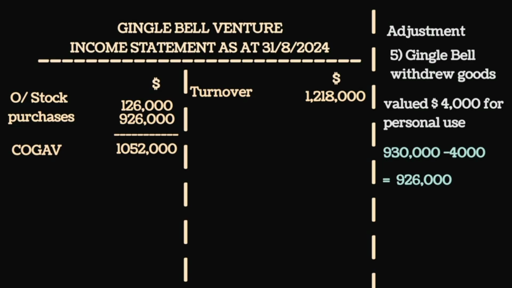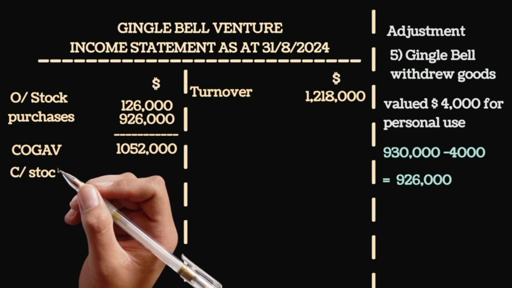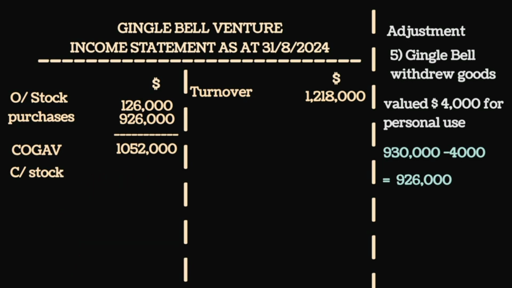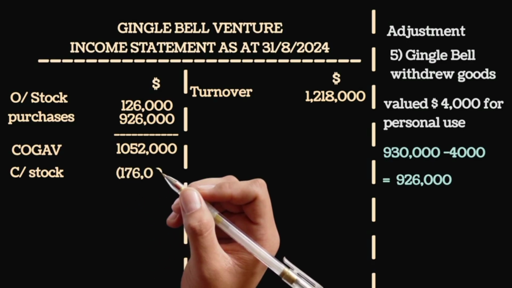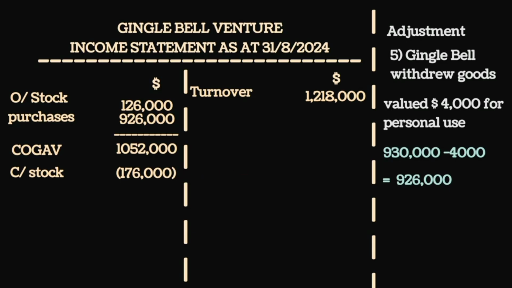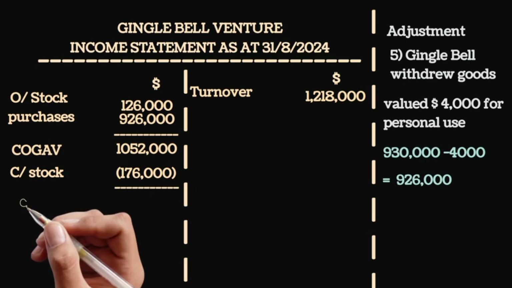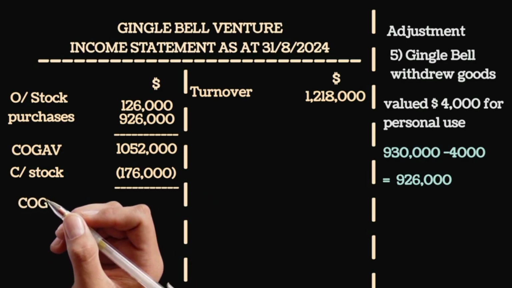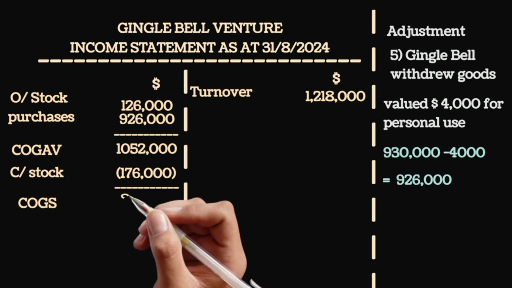Now there is no carriage, there are no wages, there's no other direct cost. So the two items there become the cost of goods available for sale, which is now 1,052,000. Then when you remove closing stock from this figure, closing stock is 176,000, what we have is cost of goods sold.